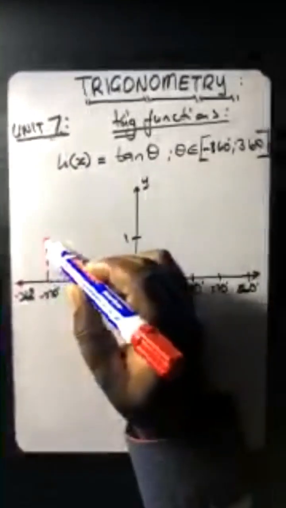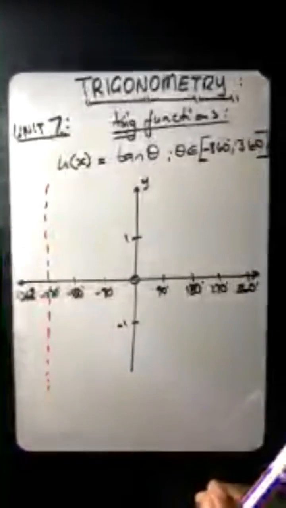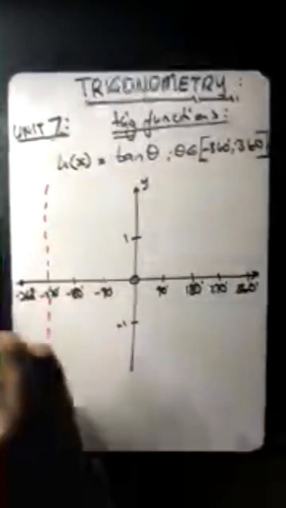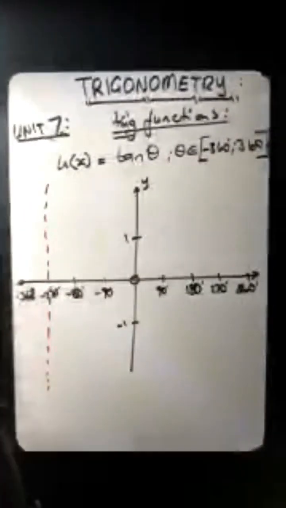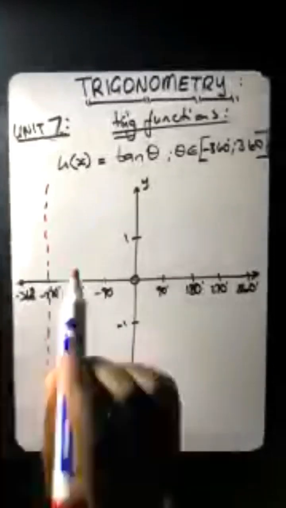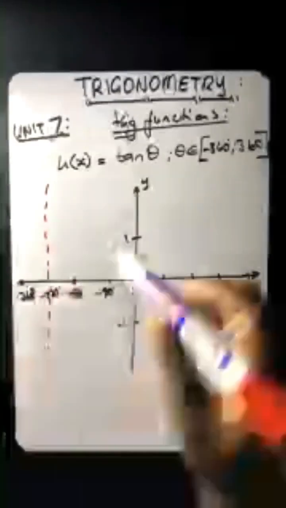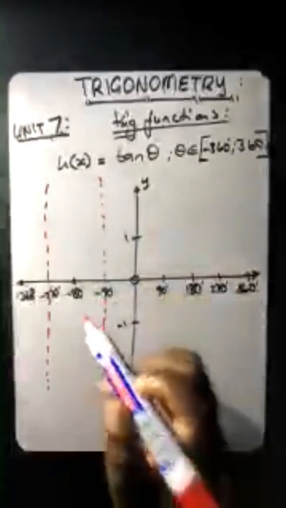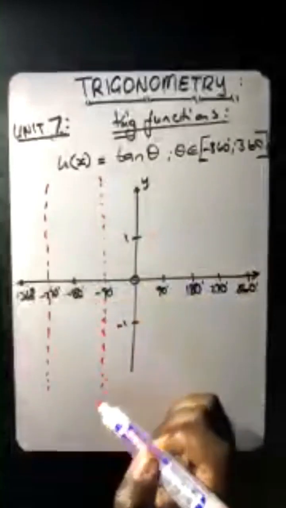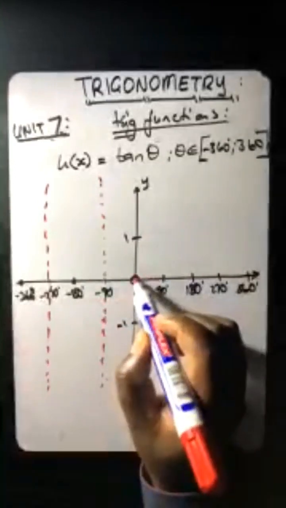Where it gives you error, that's where you do this. Remember, these are your lines of asymptotes. So the asymptotes refer to where you get an error. So let's see, tan of negative 180, I'm getting 0. Let's go to negative 90, again error. Then that means everywhere you get error, you do that. Okay, let's maybe go to 0. 0 gives 0.